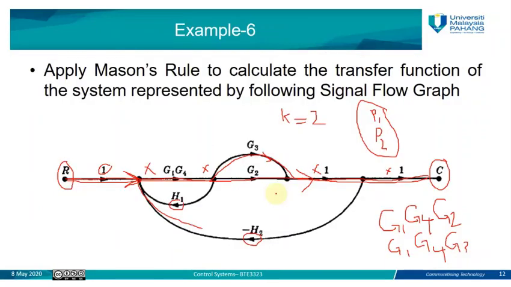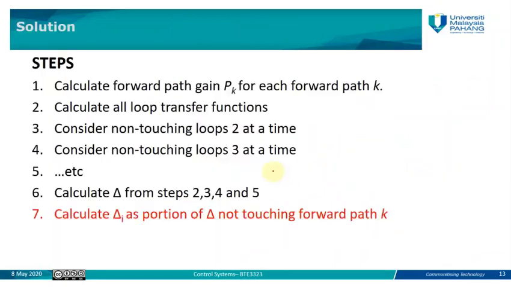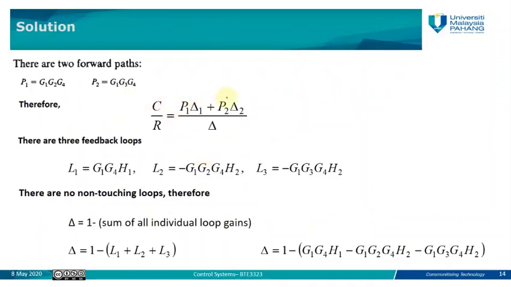Okay, so we come back to our example here. We already found P1 and P2, and our transfer function will take this form. It will be C(s) over R(s) equal to P1 delta 1 plus P2 delta 2 over delta, and P1 is equal to this value G1, G2, G4, and P2 will equal this value G1, G3, G4.